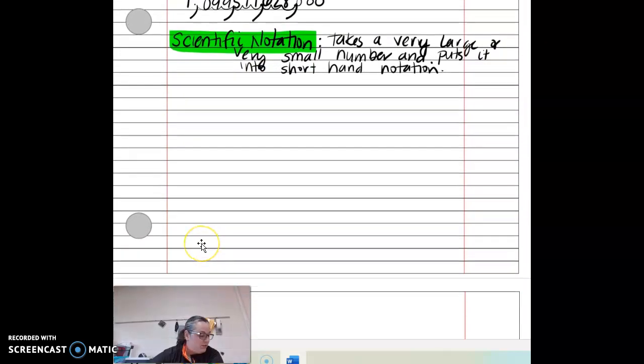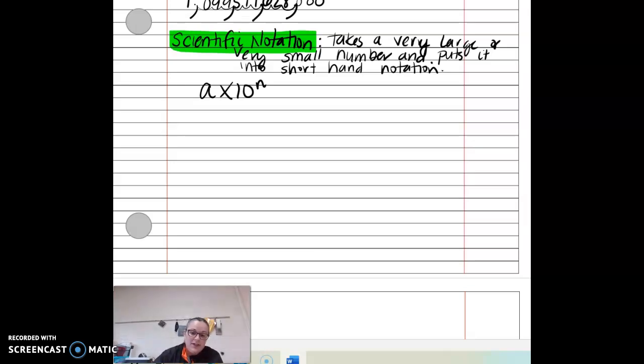And they can all take this form. The shorthand notation will all take this form of some number A times 10 to the nth power.